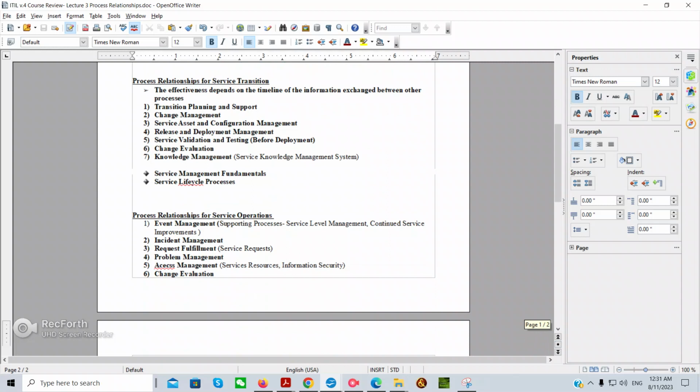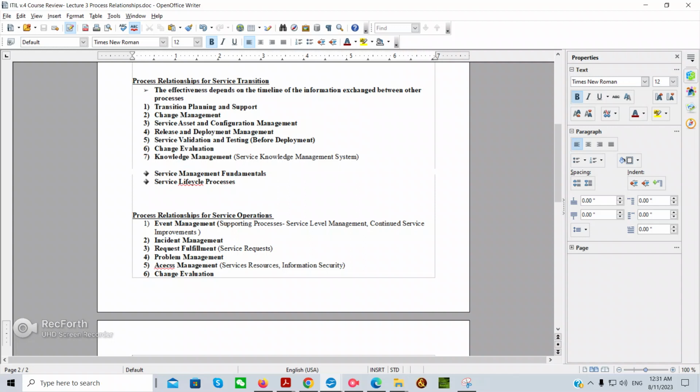Now, in terms of processes, we have the process relationships for service operation. Number 1, we have event management, with supporting processes: service level management and continual service improvement, otherwise known by the acronym CSI. Also, we have incident management, which is pretty self-explanatory.